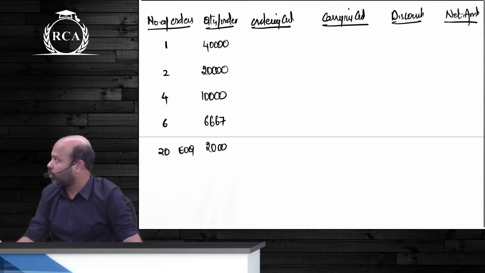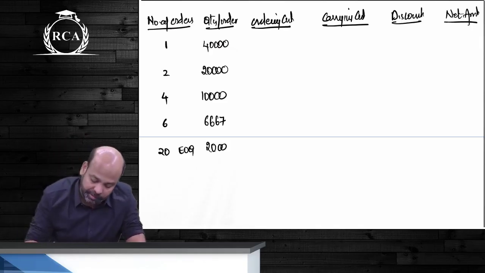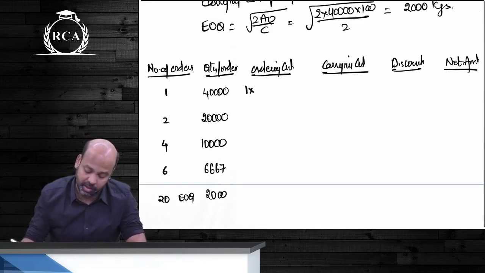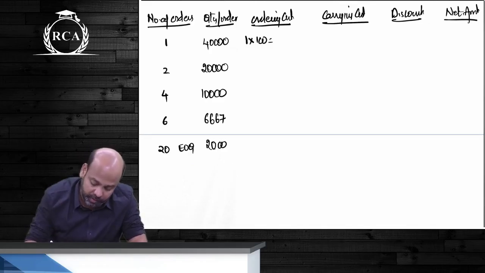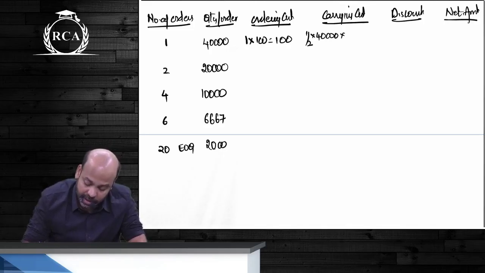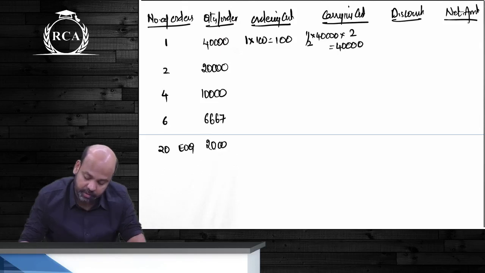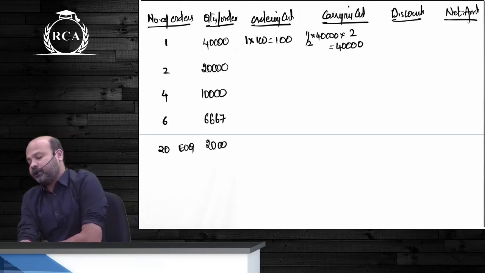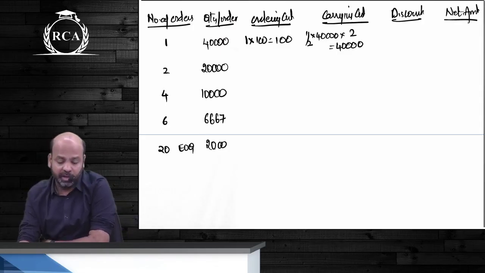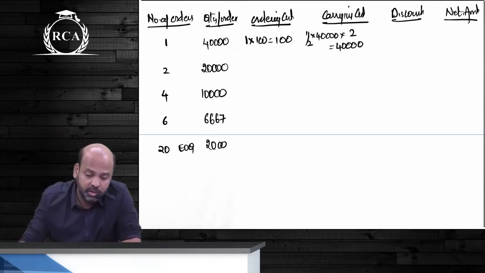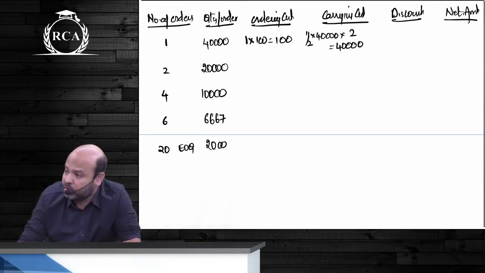So if I order 40,000 kgs at once, I will be placing one order for which I will incur an ordering cost of 100 rupees. My average inventory will be half of 40,000. I'll multiply that by carrying cost per unit, so that will become 40,000. And if I purchase 40,000 kgs at once, we are being given a discount of 4,000.